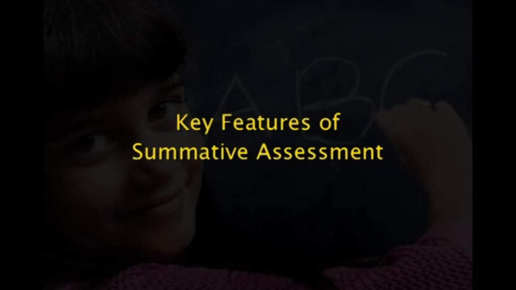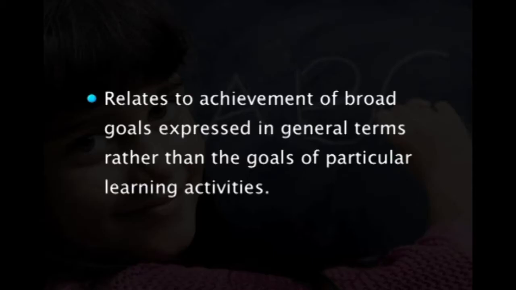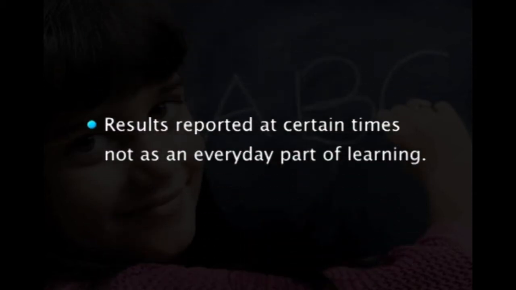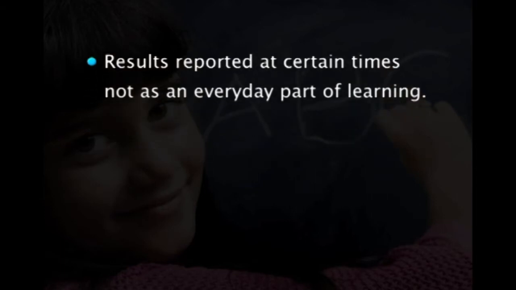Key features of summative assessment. The following are the key features of summative assessment. Number 1, relates to achievement of broad goals expressed in general terms rather than the goals of particular learning activities. Number 2, results reported at certain times, not as an everyday part of learning.